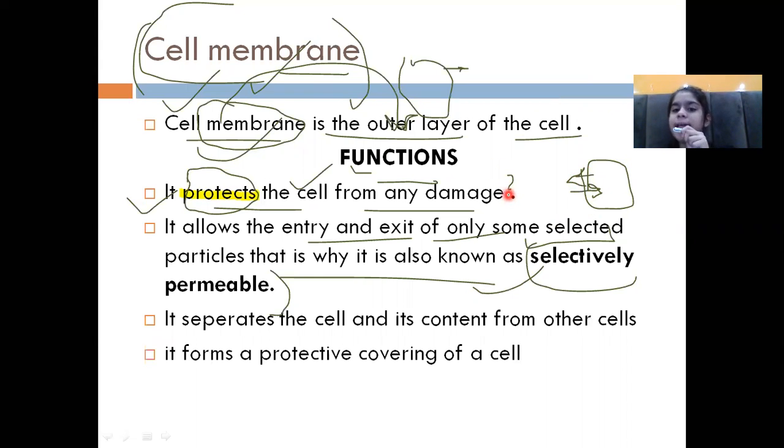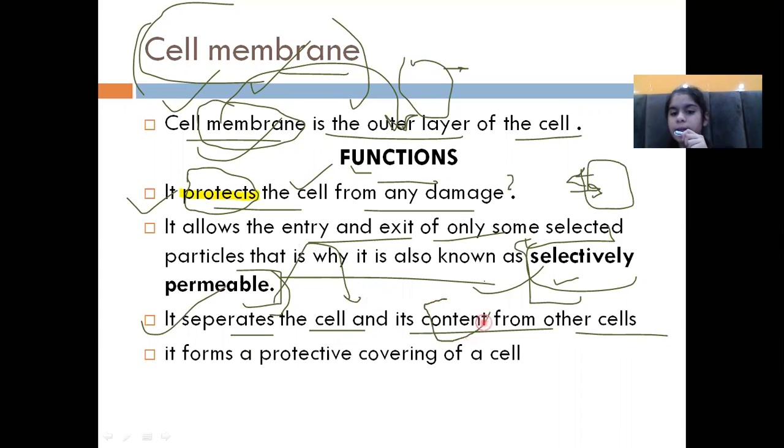The cell membrane decides कि which particle can go inside the cell, which particle cannot go inside the cell. तो सिर्फ वो कुछ particles को अंदर और बाहर जाने देती है, जिसकी वजह से हम उसको क्या कहते हैं? Selectively permeable. Clear? Then it separates the cell and its content from other cells.